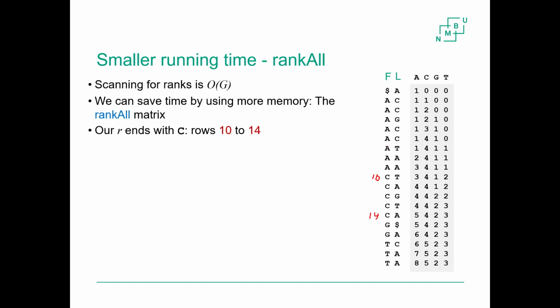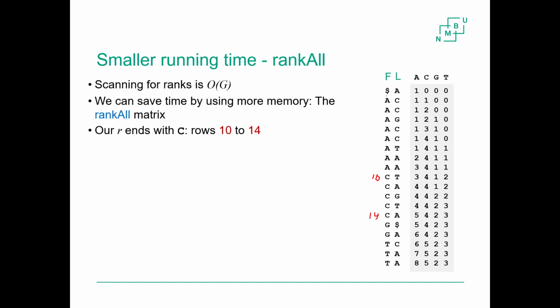Remember the simple structure of this column. If you know how many A's you have, in this case 8, plus the dollar, that's 1 dollar and 8 A's, which together is 9. Then the first C must be in element number 10. And if I know how many C's I have, then I know that the last C will be in 9 plus the number of C's, which is 14.